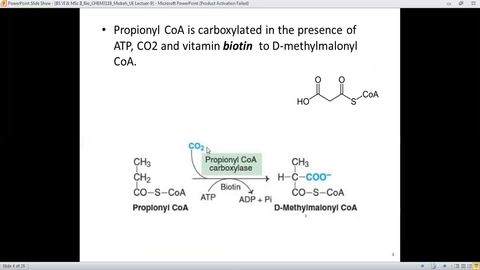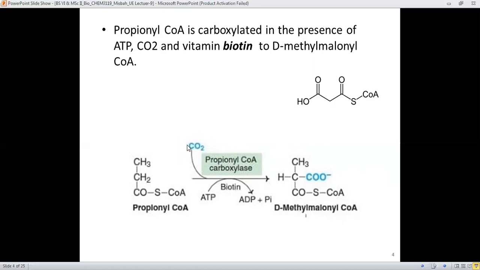Carbon dioxide is made a part of propionyl CoA, which means that a new fragment is generated which has 1 carbon more than propionyl CoA. This reaction is catalyzed in the presence of ATP and the vitamin biotin to give D-methylmalonyl CoA.